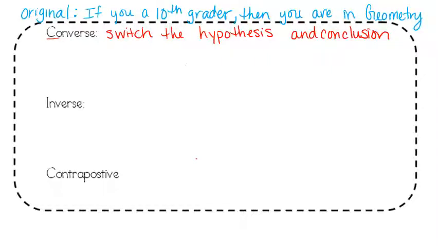So if we do the converse of that, we're going to switch the hypothesis, which is you are a 10th grader, and the conclusion, which is you are in geometry. So we write it in switched order.